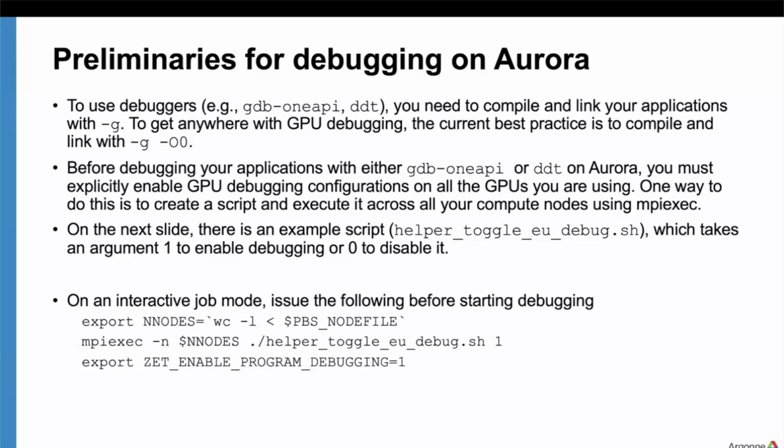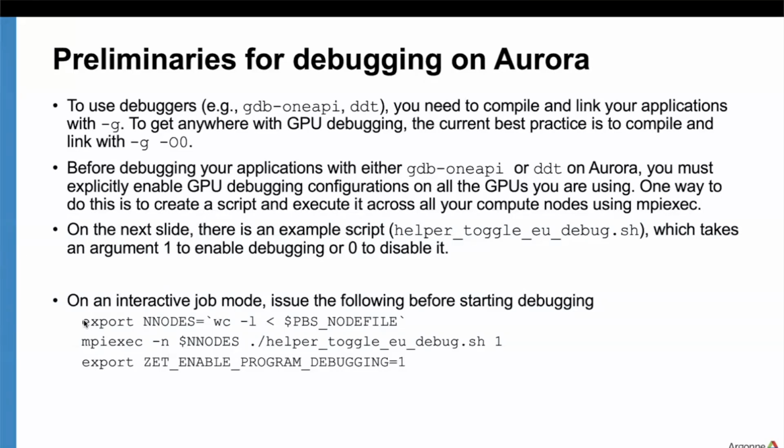A way to do that is you can create a script and execute it across all your compute nodes using the MPI launcher, mpiexec. On the next slide, we have an example script called helper_toggle_eu_debug.sh shell script. This script will take argument 1 to enable debugging, and 0 to disable it.